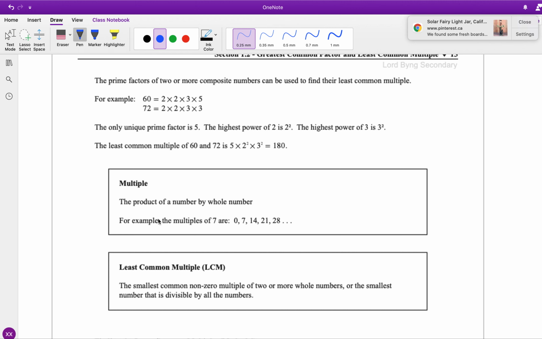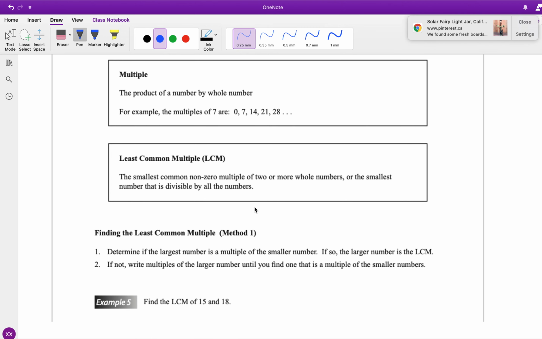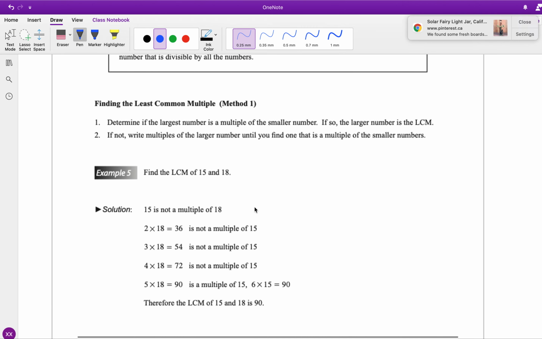Now, multiples. A multiple means taking a number multiplied by 1, multiplied by 2, multiplied by 3, multiplied by 4. Then those are its multiples. Now, what is the least common multiple? So then, for example, 15 and 18. You can do this, which is tedious. So 15 and 18.